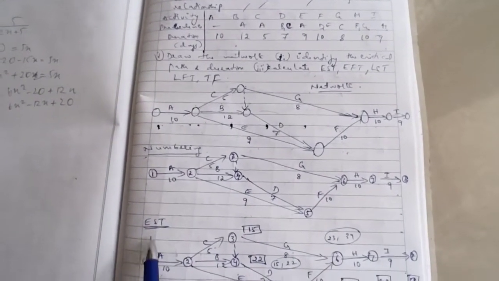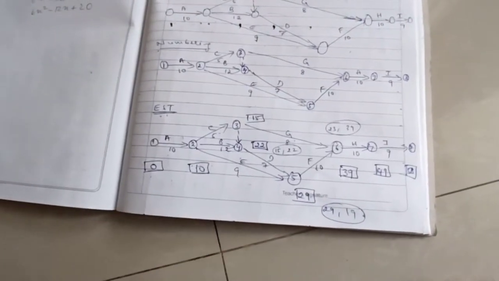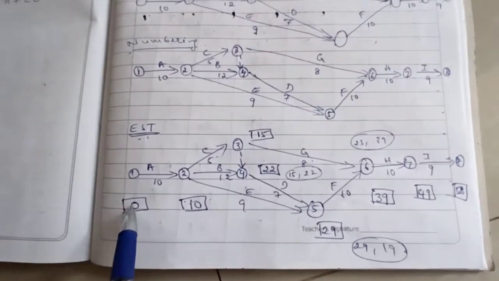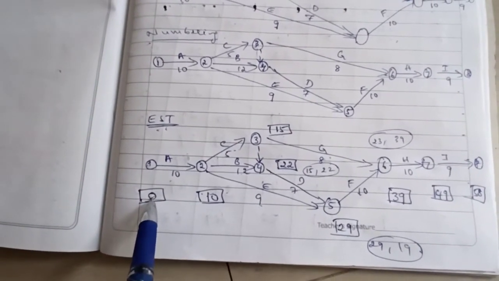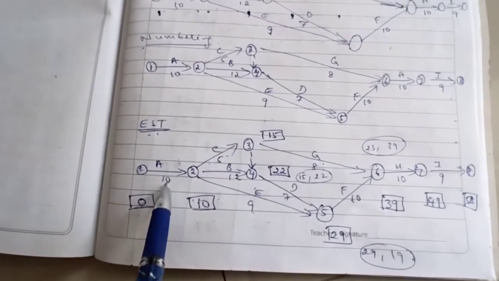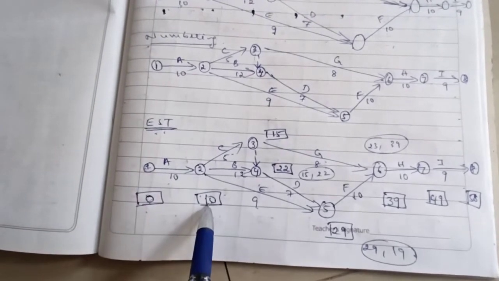Now the next step is finding the earliest starting time. First we'll start with the first activity. This is a head node, because we are writing the earliest starting time at the head node of each activity. So here it is 0. Then at the second node, it is 0 plus 10, it will be 10.